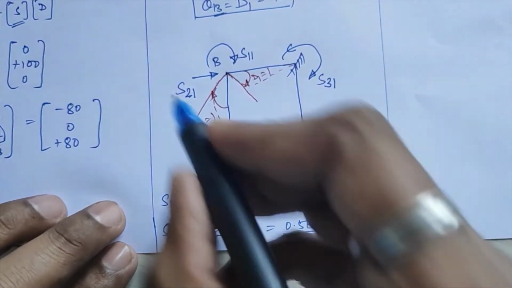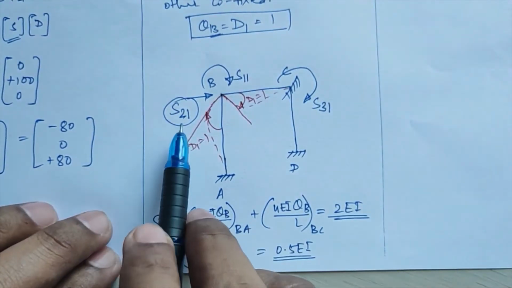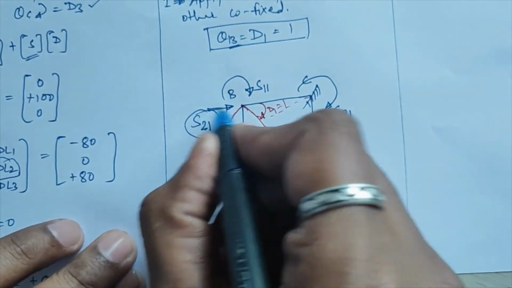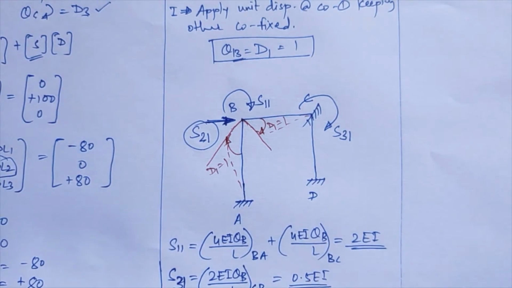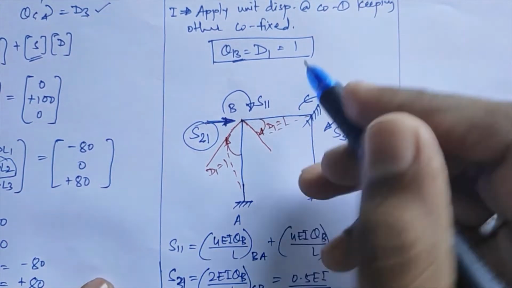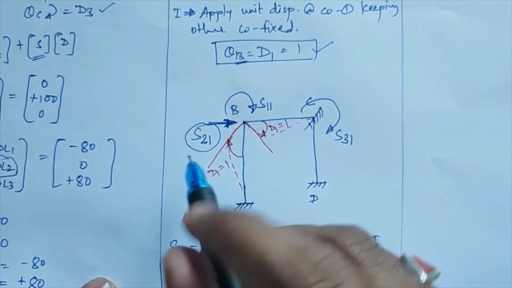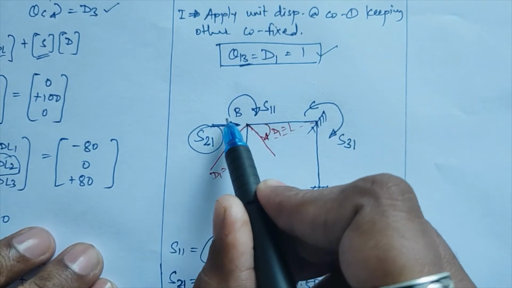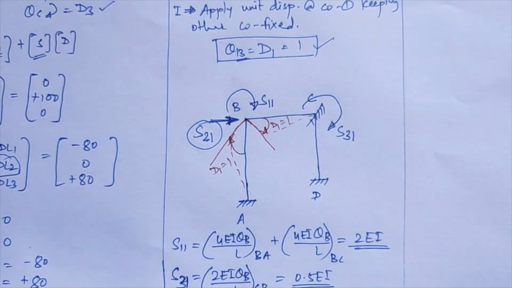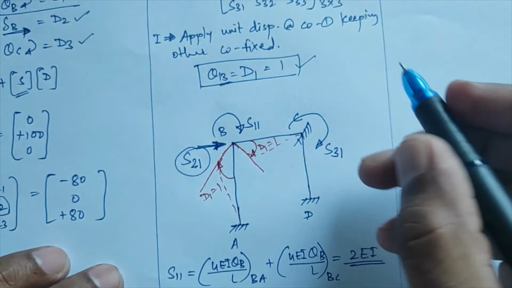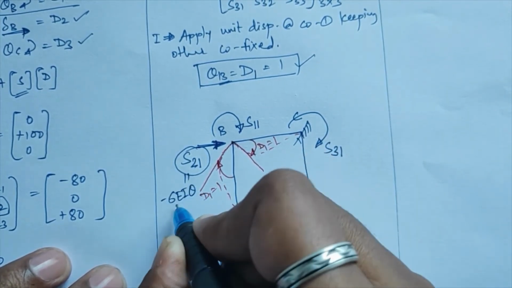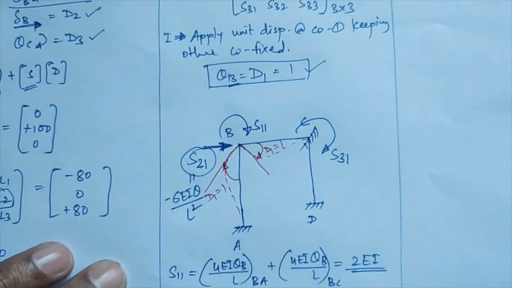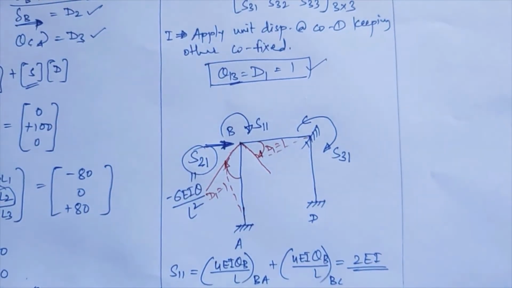Now, remaining is the S21 value. For S21, you have to calculate the horizontal reaction coming at point B. I have given you 3 notes in your spring stiffness coefficient numerical: if you are applying theta equal to 1 and are asked to calculate the force coefficient for the stiffness matrix, then that force coefficient is equal to minus 6EI theta upon L square, where theta is always 1.